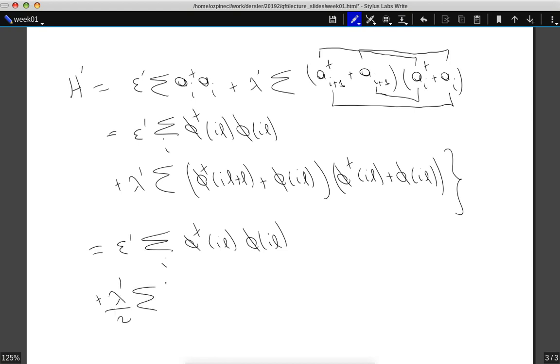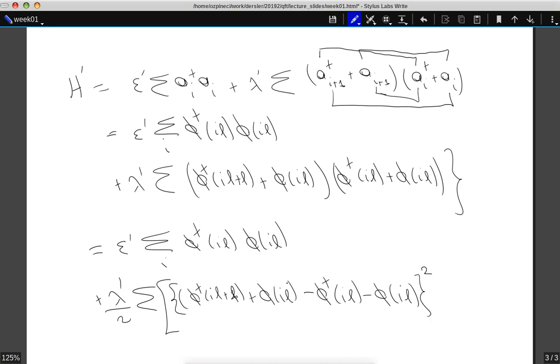Plus lambda prime over 2, phi dagger at iL plus L plus phi at iL, minus phi dagger at iL minus phi at iL, all of this thing squared. And here I have a minus sign.